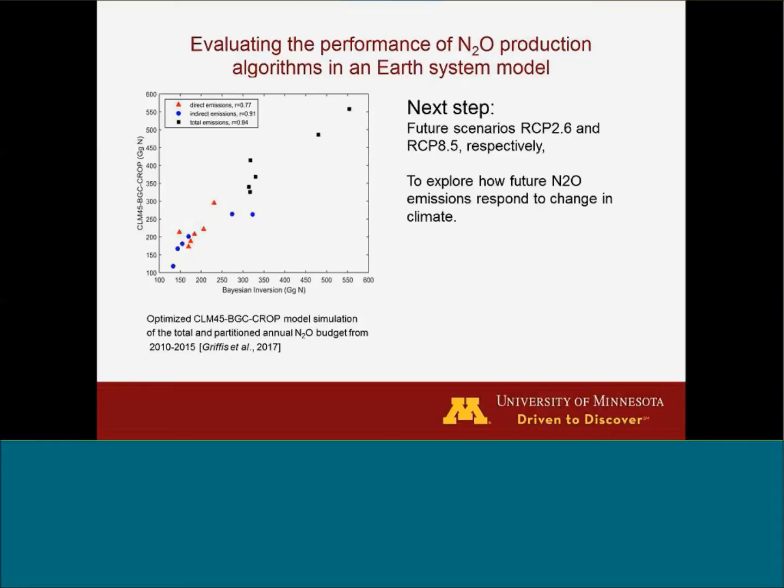Then, based on this optimization, I want to set up a future run based on RCP 2.6 and 8.5, with heat conditions and water conditions, to see how temperature change and precipitation change will influence future climate change. It's at the very beginning stage.